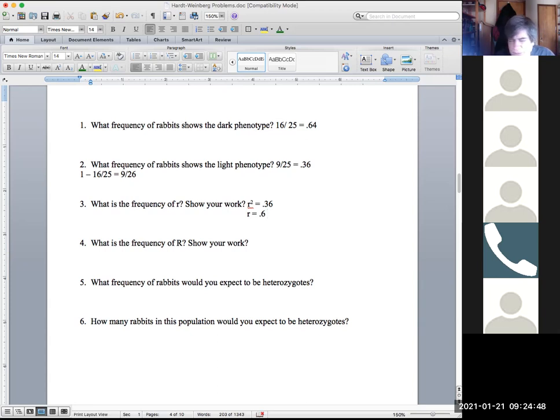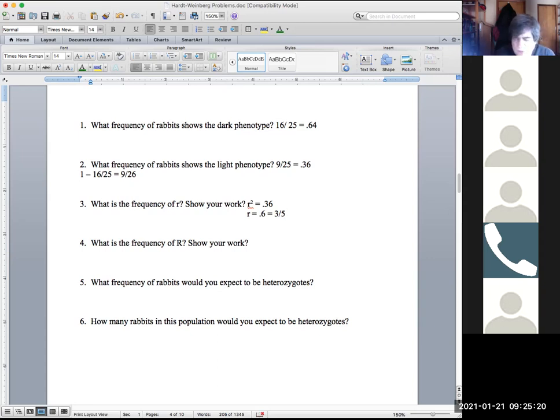Remember what I said, little r squared is 9/25. So if we take the square root of the numerator, the square root of 9 is 3. We take the square root of the denominator, the square root of 25 is 5. So 0.6 or 3/5. And remember what we said, if you work this with fractions, you should get the same answer as if you work this with decimals, with frequencies.